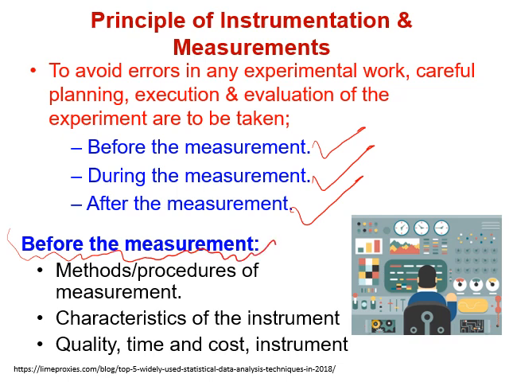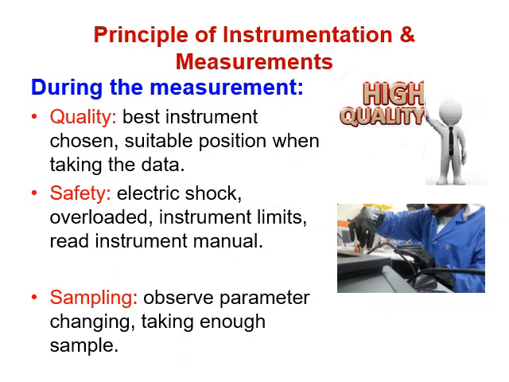Before measurement, we should care about the method of doing the measurement and the characteristic of the instrument. So we need to know how to measure. We need to know the characteristics of the instrument we are using, whether it's suitable for this kind of measurement or not, and then the quality, time, and cost of the instrument. All of these things, we need to keep in mind before we start the process of measurement.